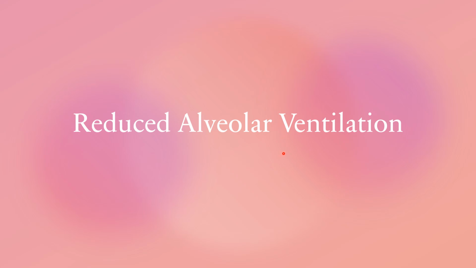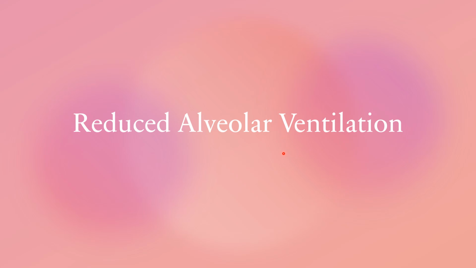Now, how does this hypoxia develop if there is increased dead space volume? That is our point of interest. So, the main two reasons for this hypoxia when the dead space volume is increased are, first, the reduced alveolar ventilation.